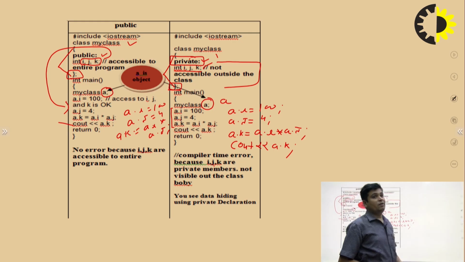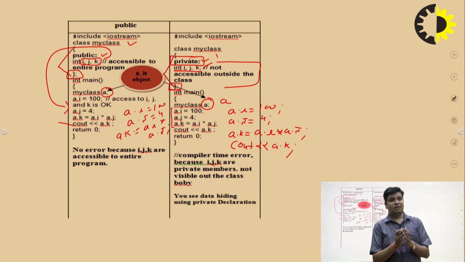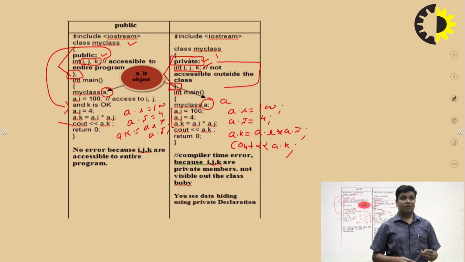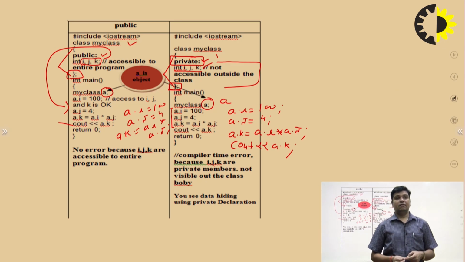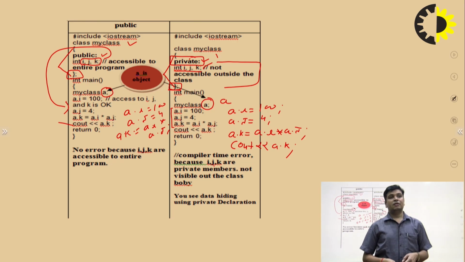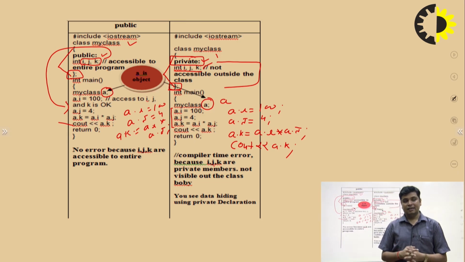This is the scenario, this is the difference between public and private, and that's why we say C++ is a very secure language, because it has the capability to hide the data. It has the capability to hide the data. How was the data hidden?